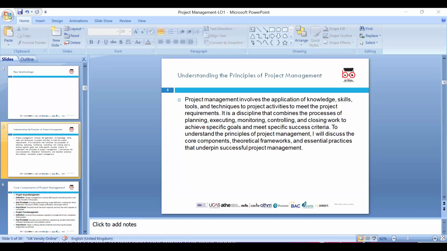Take the project of developing new educational software. Scope management defines the software features and the work breakdown structure. Time management develops the project schedule with milestones for the different phases like design and coding. Cost management estimates the cost of resources, including developers, software licenses, and testing. Quality management sets quality criteria, and the software undergoes regular quality assurance control tests to meet the standard.